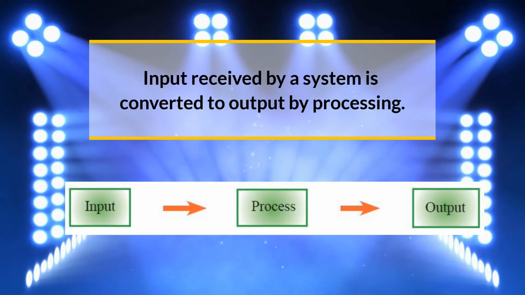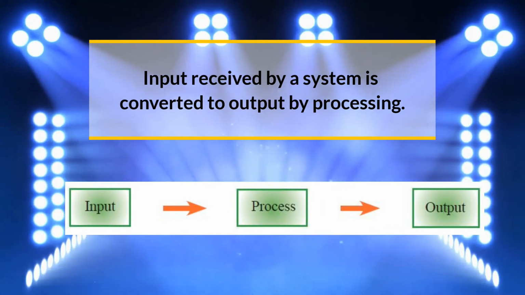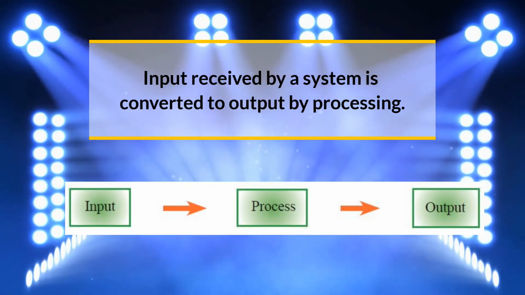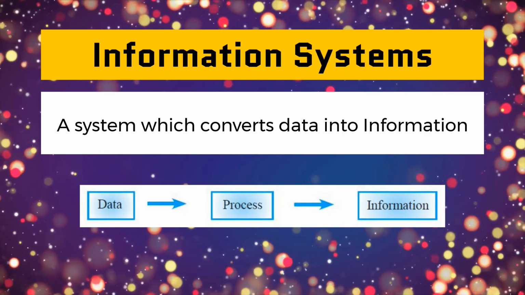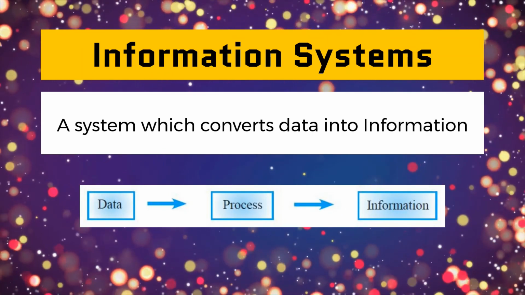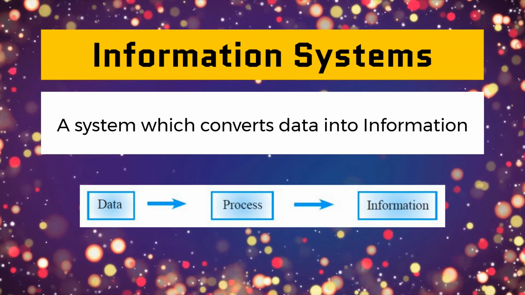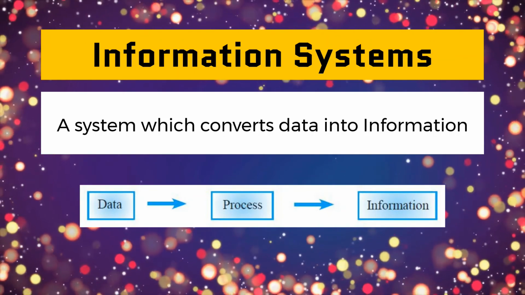Input received by a system is converted to output by processing. Information system is a system which converts data into information.